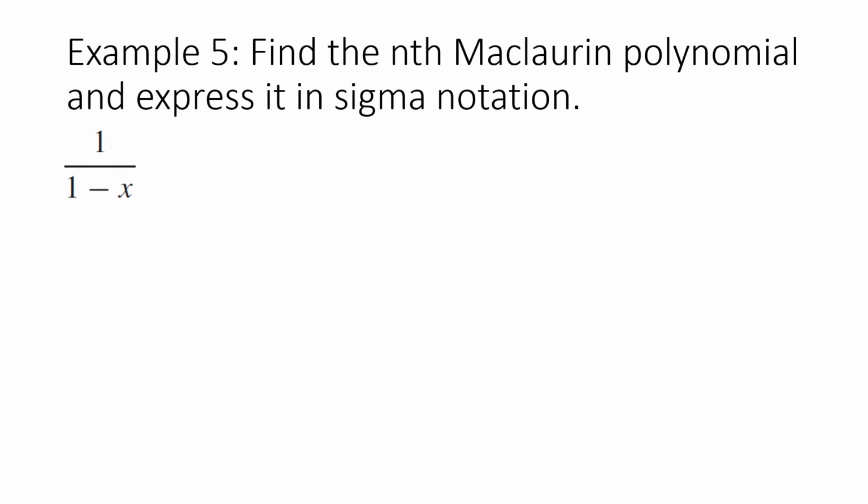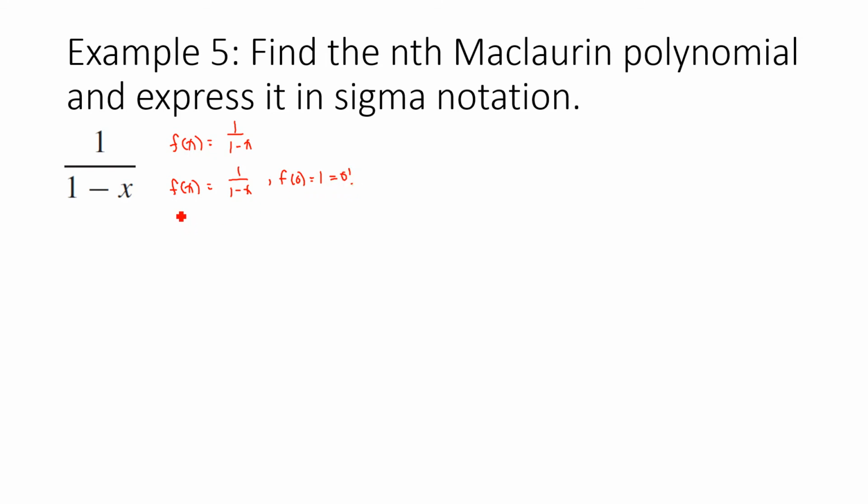So in this case, we have f of x equal to 1 over 1 minus x, which, if we substitute 0, is equal to 1, which is technically 0 factorial.